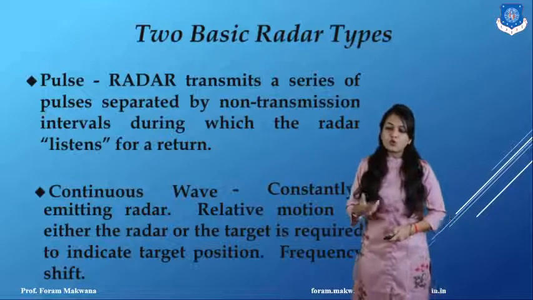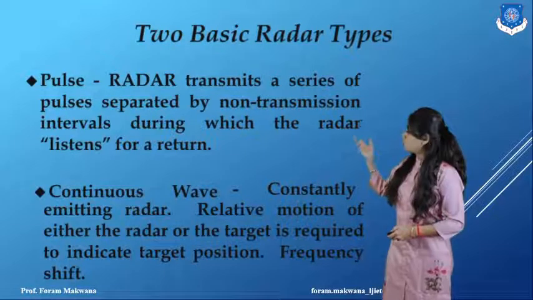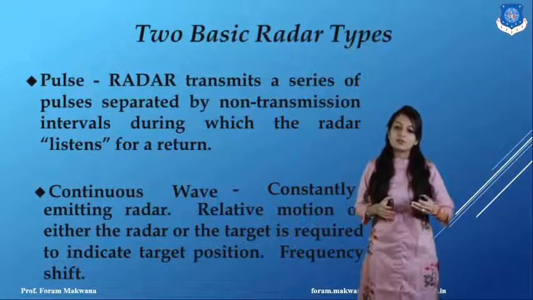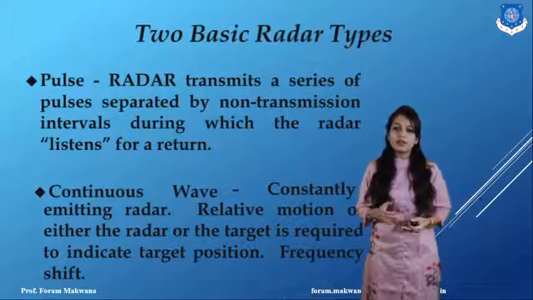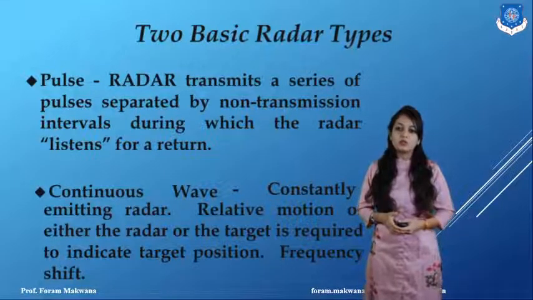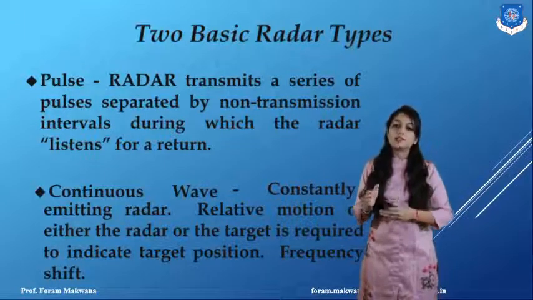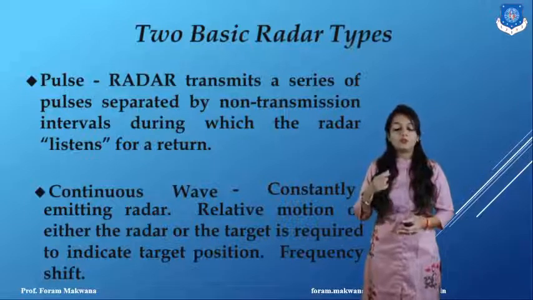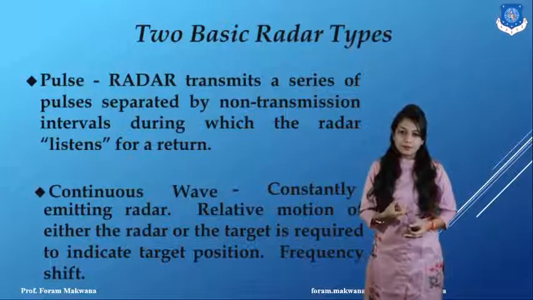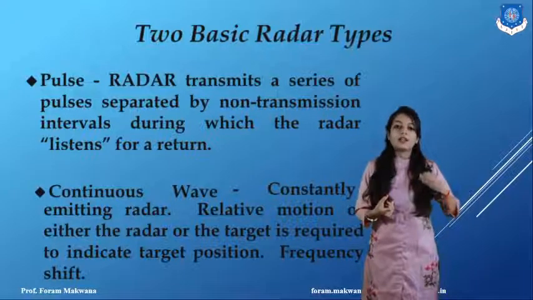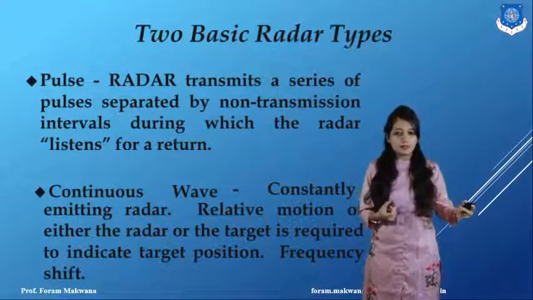Now, what do we mean by pulse radar? A pulse radar transmits a series of pulses separated by a non-transmission interval, during which the radar receives the returned signal. That means it transmits a pulse and waits for some time for reception of the echo signal, and after some time it transmits a second pulse.